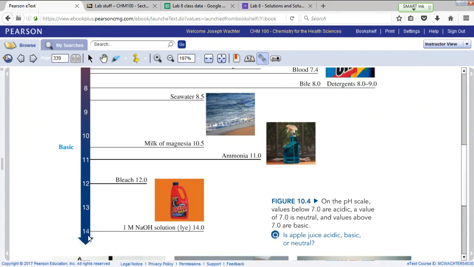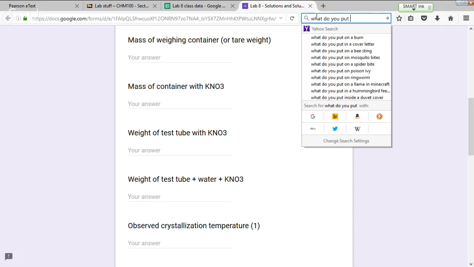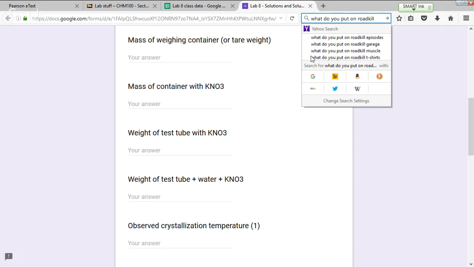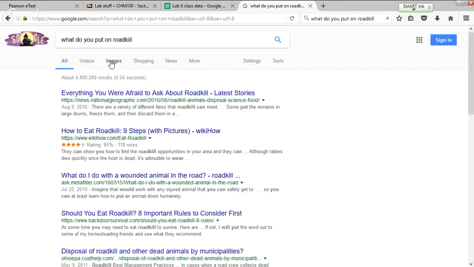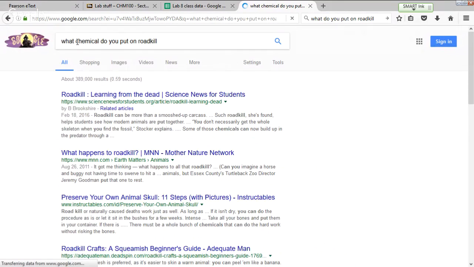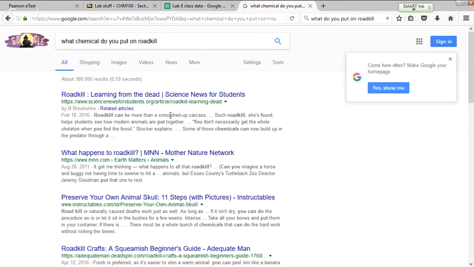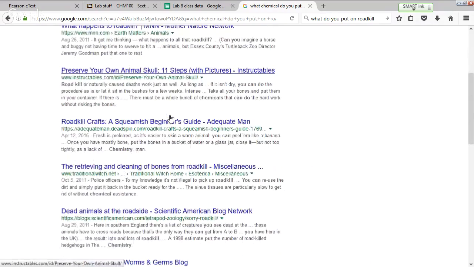Is that what they put on roadkill too? On roadkill? Yeah. Isn't that called lye? Right? That might be lime. Are you sure? I have no idea. Let's look it up. What do you put on roadkill? What chemical... I do not see that.